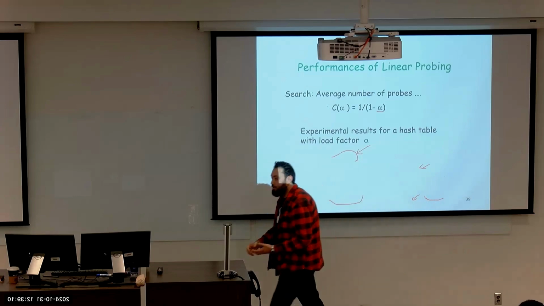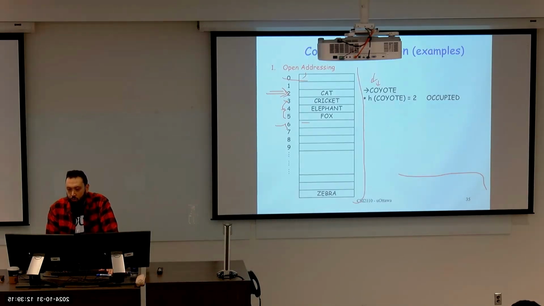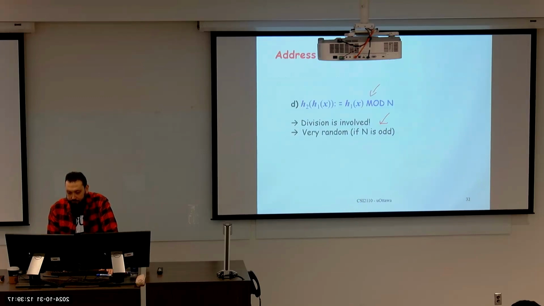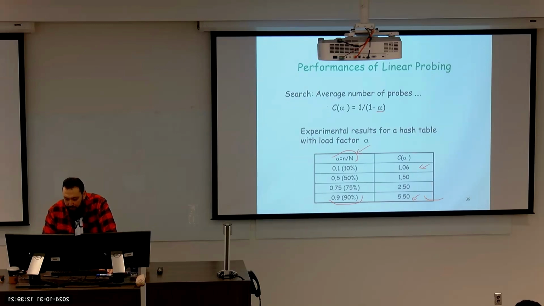Okay, so look what happened. Guys, the reason why we teach you this: we talked about linear probing, and we said this is not good enough for me. Why? Because if the table is 90% full, it's going to cost me 5.5, correct?